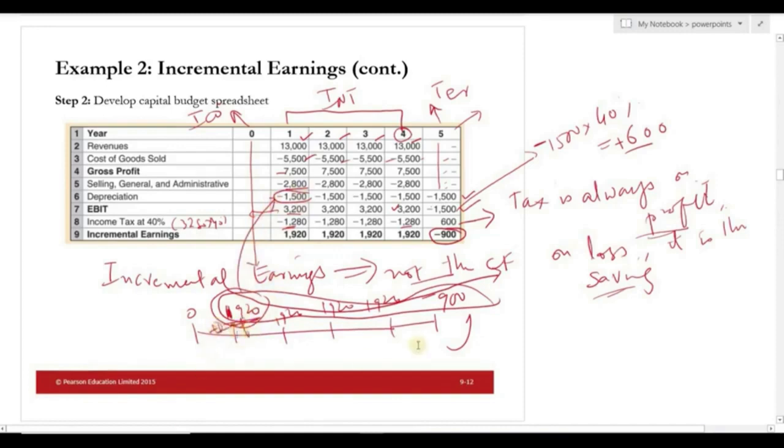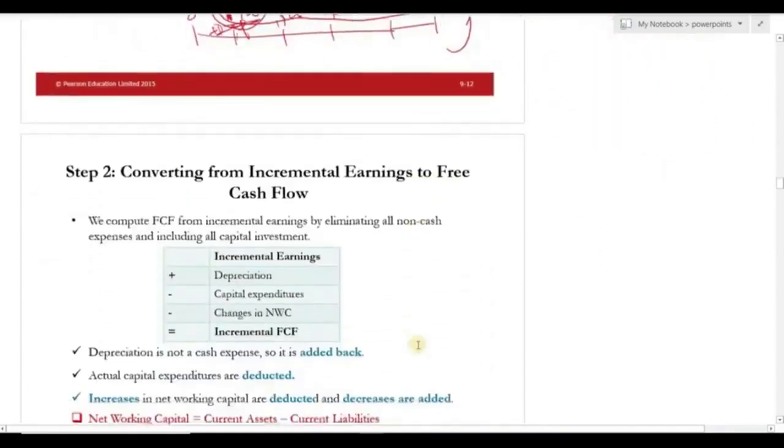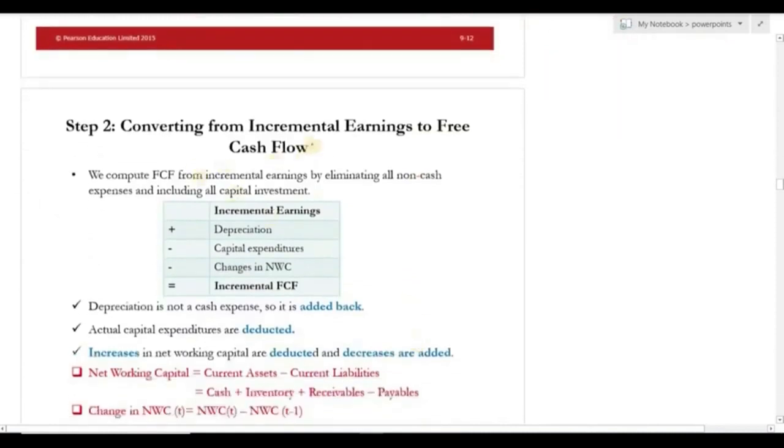So we have to adjust back the depreciation to get the cash flow. In the next slide we are going to convert the incremental earnings to free cash flow. So incremental earning, we got it. We have to add back the non-cash expense, depreciation expense. Depreciation expense was 1500, we have to add back, and also we have to subtract some capital expenditures.